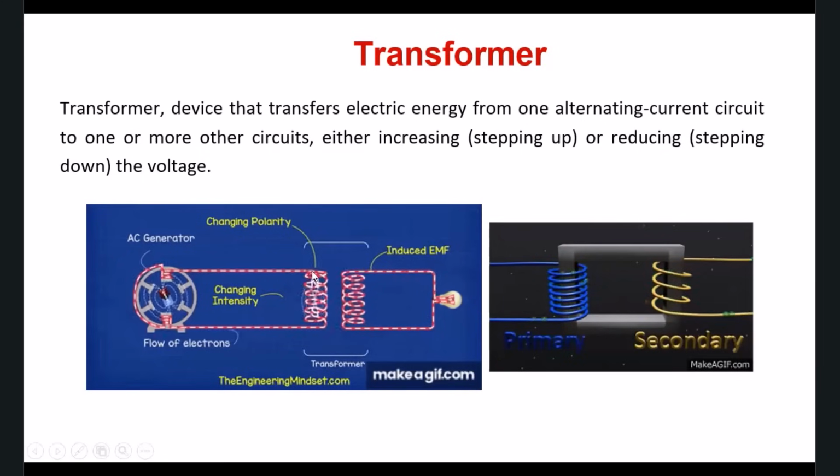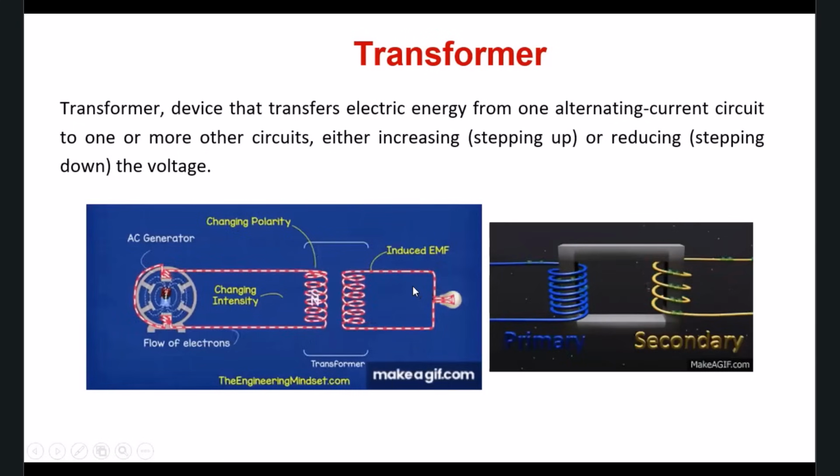You can see the first diagram. Here the AC generator is providing the charge. The coils are wound, and the power is connected directly from the AC generator to this part. Now the second part is not connected with the first part.